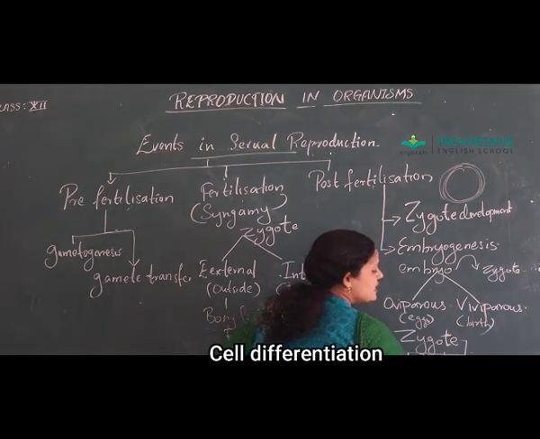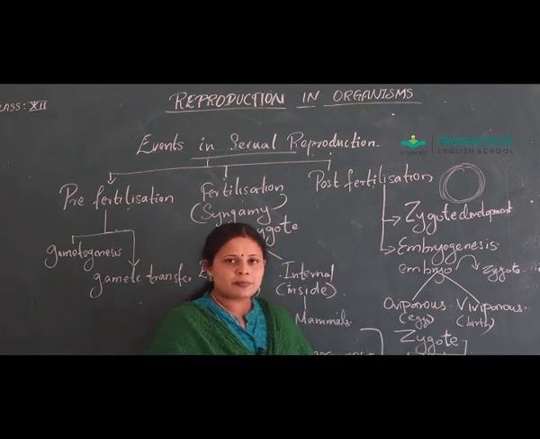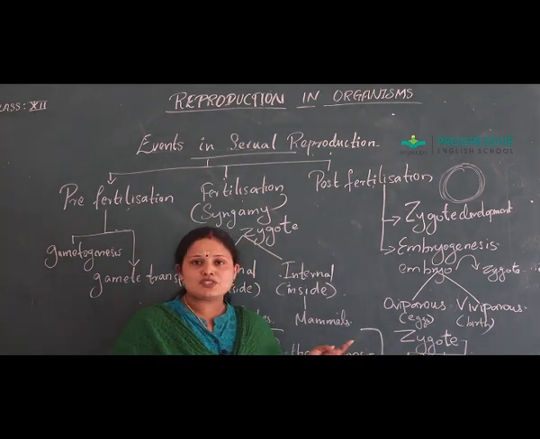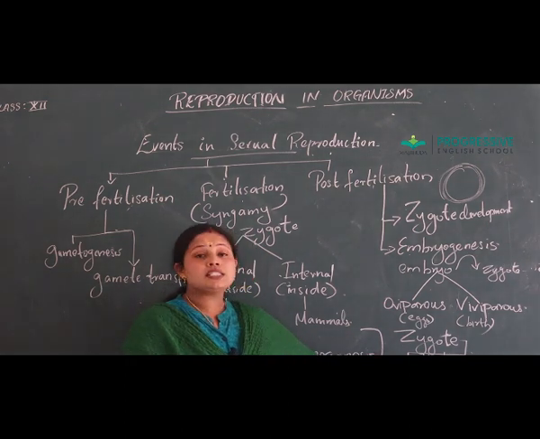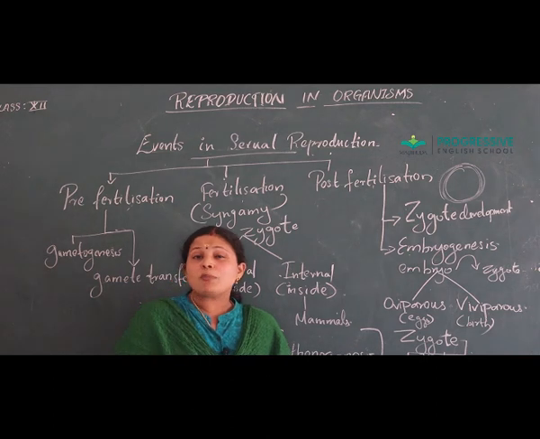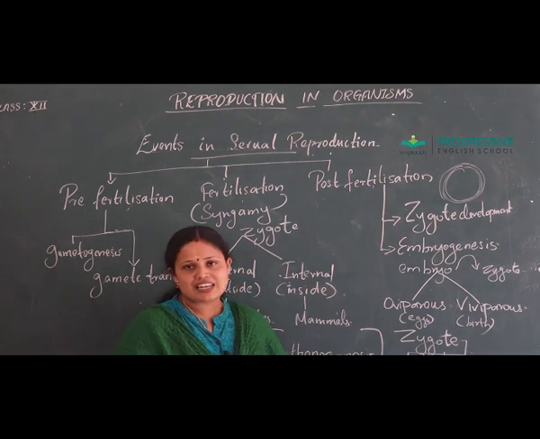Cell division helps to increase the number of cells, and cell differentiation helps to produce specialized tissues and organs. So this is all about the post-fertilization.